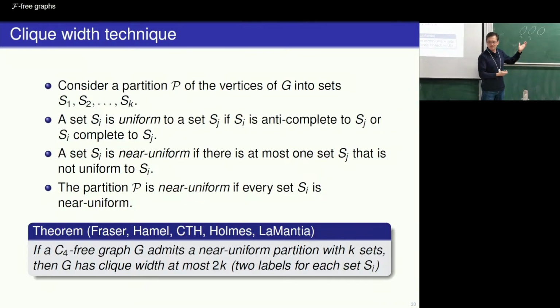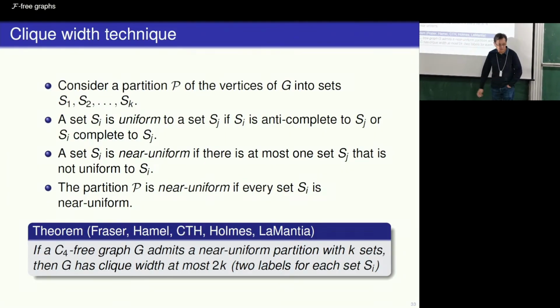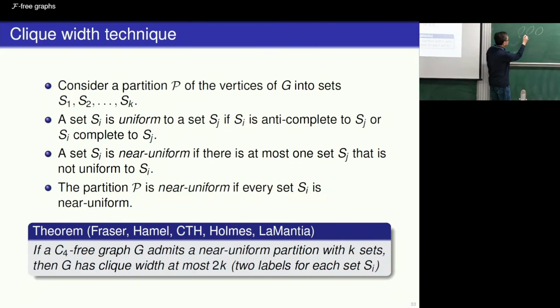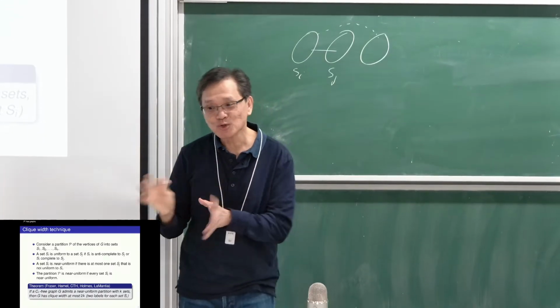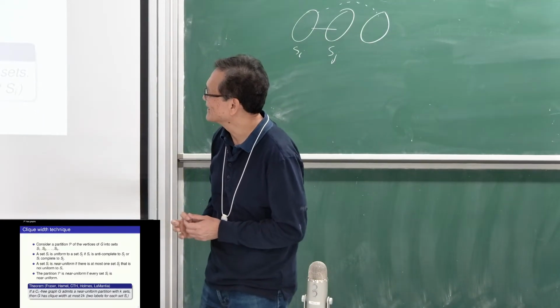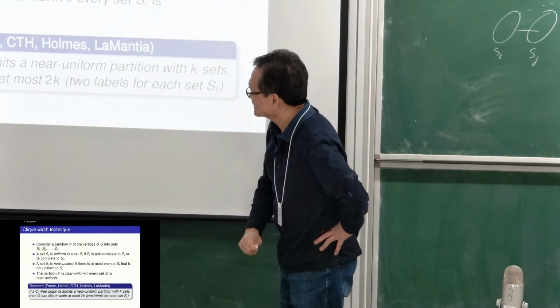It's a generalization of the idea of homogeneous set. And then I say that a set is near uniform if everything else is uniform to it. Only one can be not good to it. Okay, so I say this is a near uniform partition.